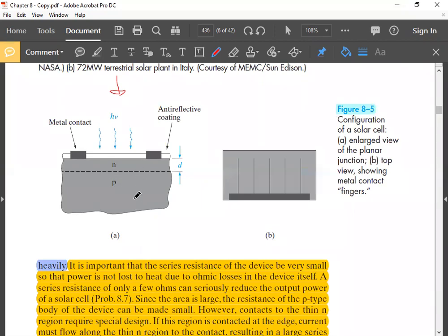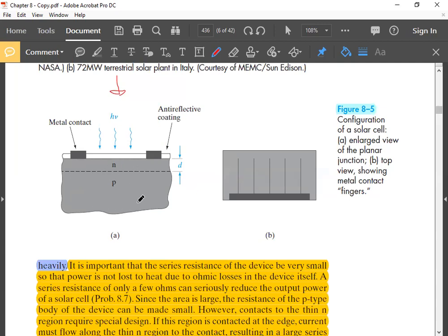The thickness of the p-type material has another consideration, which is the optical penetration depth. Photons can penetrate only up to certain depths, because as they travel through the semiconductor they get absorbed.